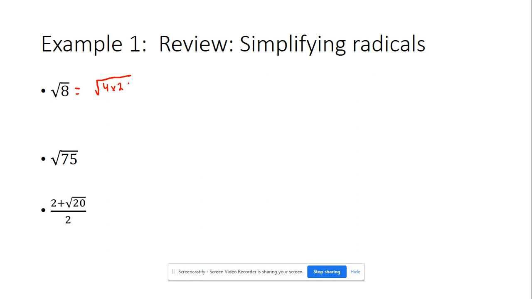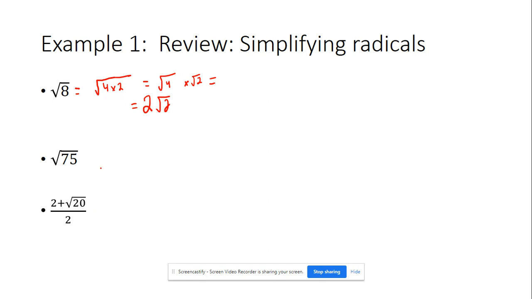The reason I do that is because, by a rule of radicals, if you're multiplying two terms inside a radical, I can make that the square root of 4 times the square root of 2. And I know that the square root of 4 is just equal to 2, so this becomes 2 root 2. The square root of 4 becomes the whole number 2, but we're still left with the radical, the square root of 2, right here.